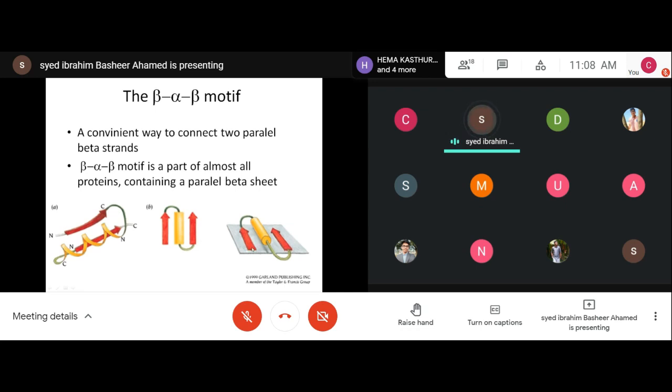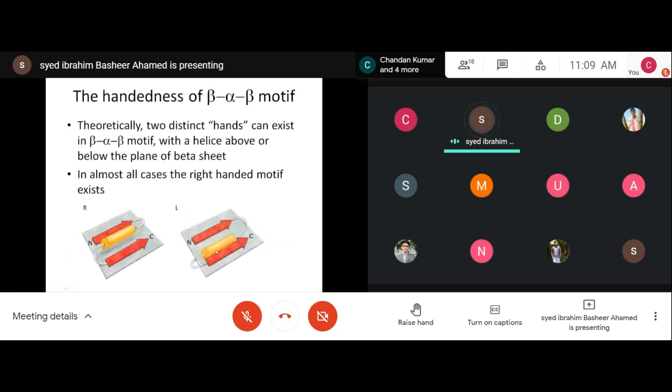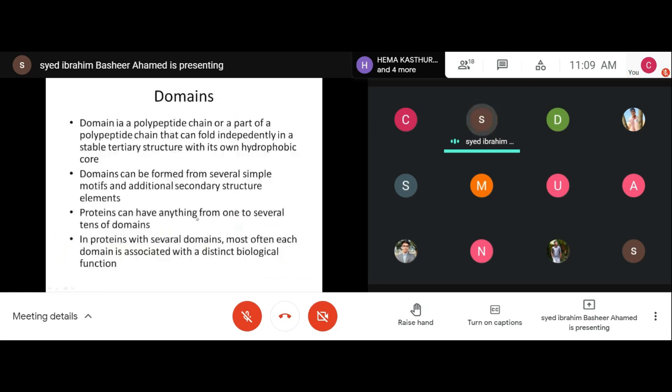The alpha helix may be above the plane or below the plane also. Here you can see this is below the plane. So this is a beta alpha beta motif.